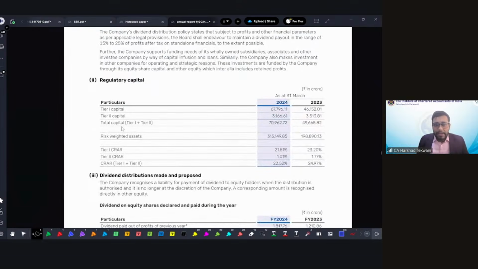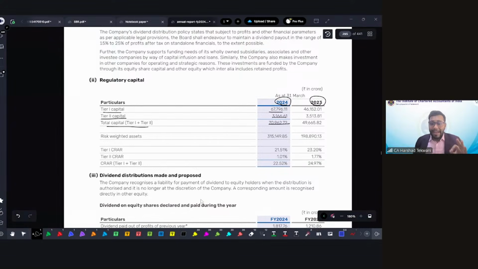See this Tier 1 capital, Tier 2 capital, total Tier 1, Tier 2 capital, for 2024 and 2023. Now, this is part of the financial statements, which means that you have to audit them. You have to see whether this is correct or not.